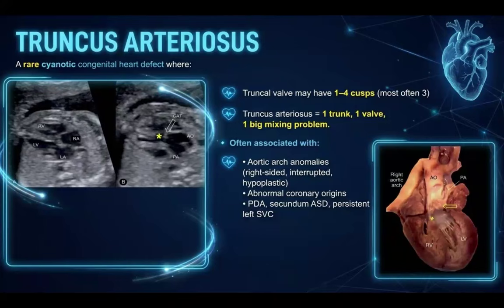A lot of times these heart defects occur in combination with other defects that went wrong as well. It could be an aortic arch issue, an abnormal coronary issue, PDA, or secundum ASD. Various things could go along with the truncus.